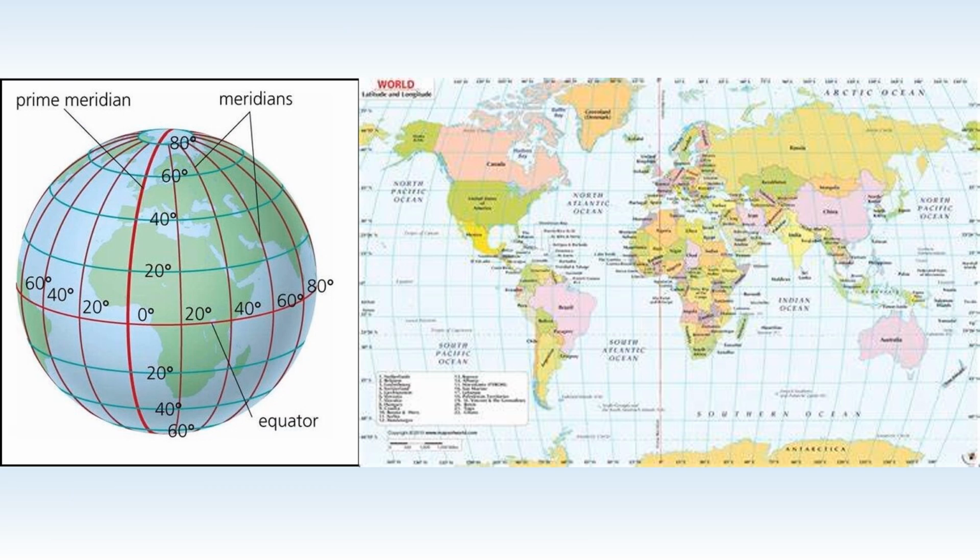We could see how they are evenly spaced out, the lines of longitude and latitude, and each one is given a degree, always starting with the 0-degree line of latitude and the 0-degree line of longitude. Now, on a flat map, you could see here how the lines of longitude and latitude are set out.